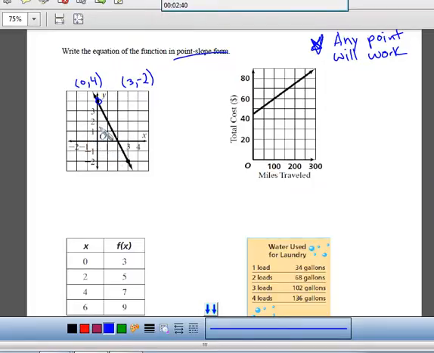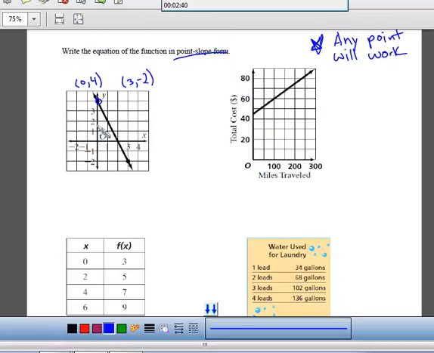But a line doesn't always cross at a perfect point. It can sometimes be in between, somewhere in between, and that's hard to tell. So we need another way to write an equation when we don't have a whole number or a nice y-intercept.